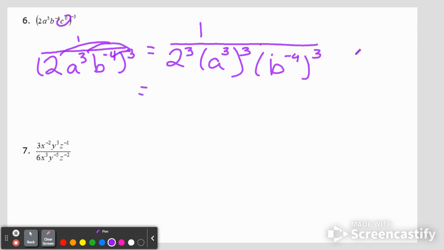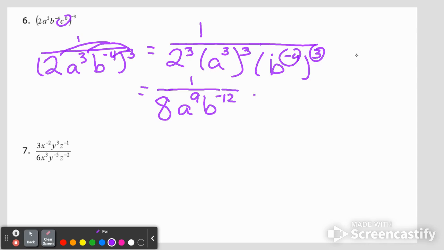All right, so I'm going to take care of simplifying. 2 to the third is 2 times 2 times 2, which is 8. A, and then we've got power to a power, so I multiply those and get a to the ninth. And then when I multiply negative 4 times 3, I end up with b to the negative 12.